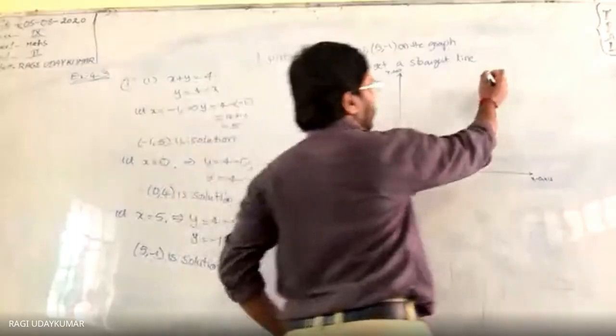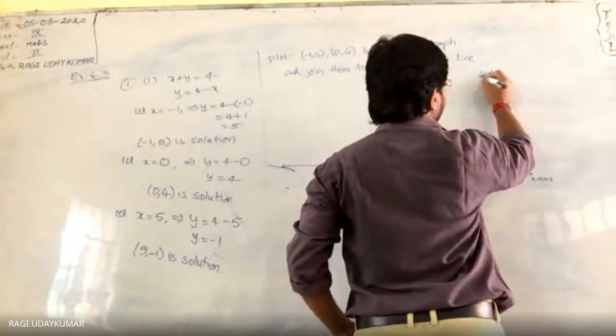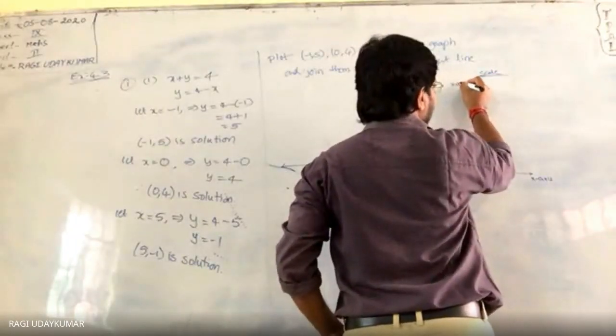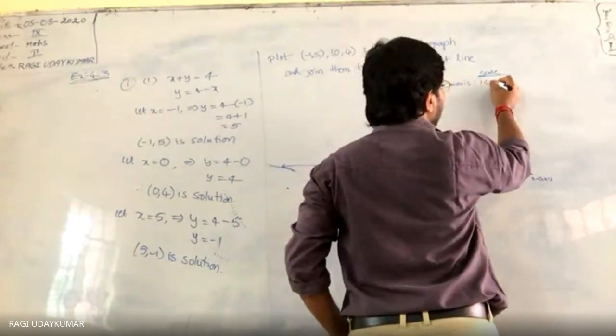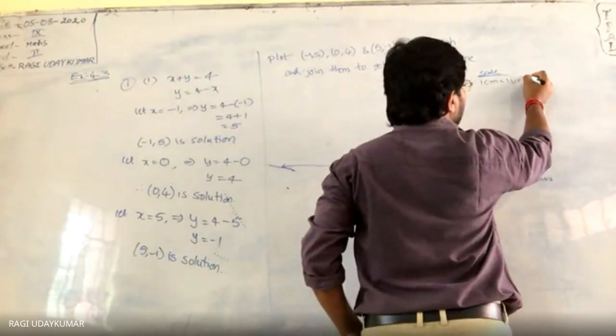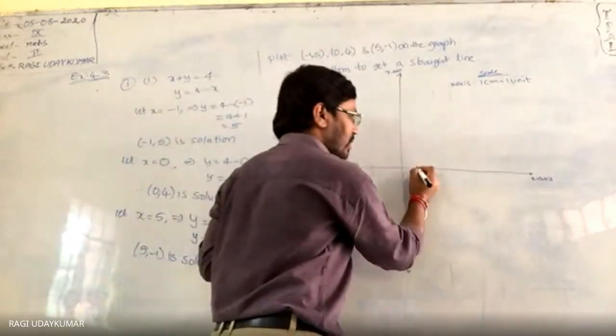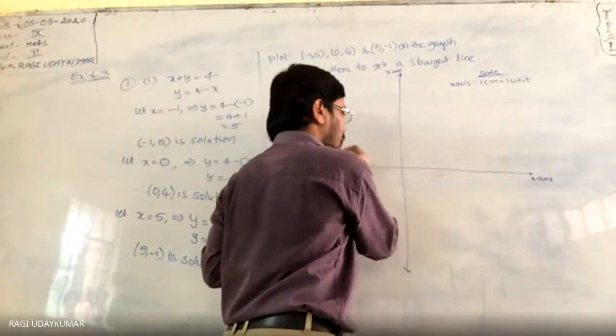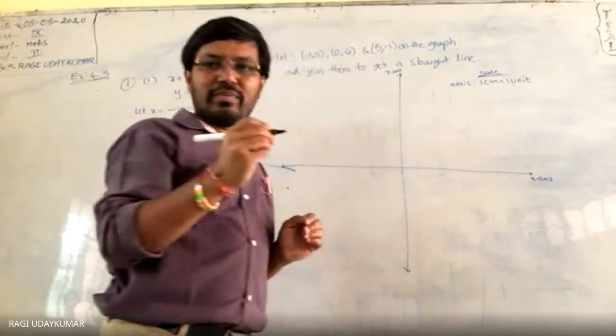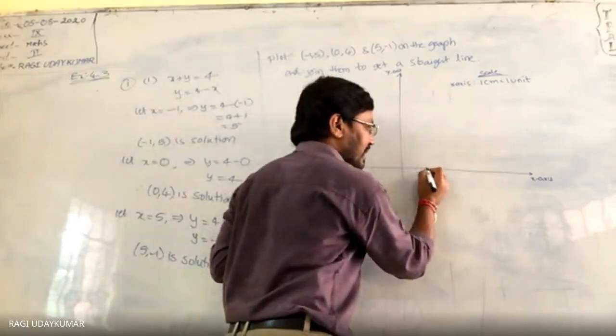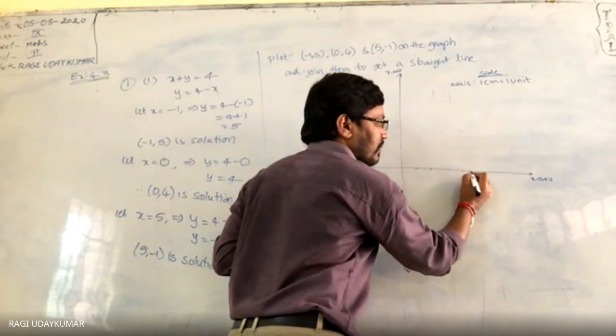And here in the graph you need to write the scale. On the x-axis, 1 centimeter is equal to 1 unit. आपका ग्राफ ले लिया तो ग्राफ में some lines will be there. 1 centimeter will be represented here like this.